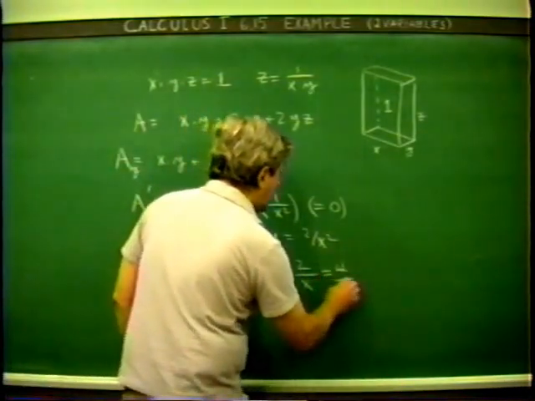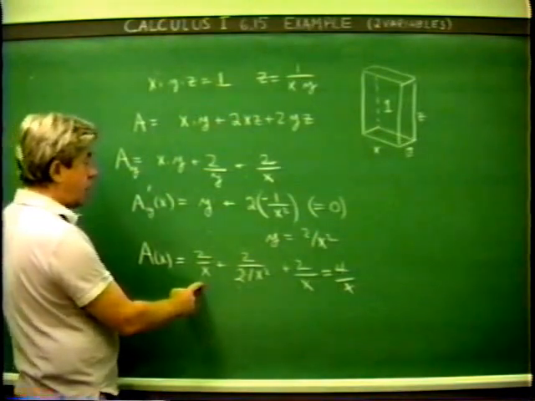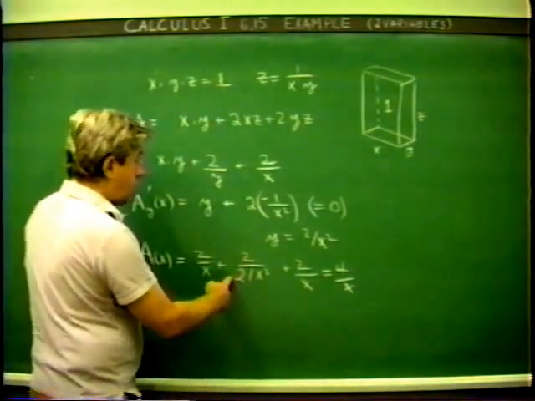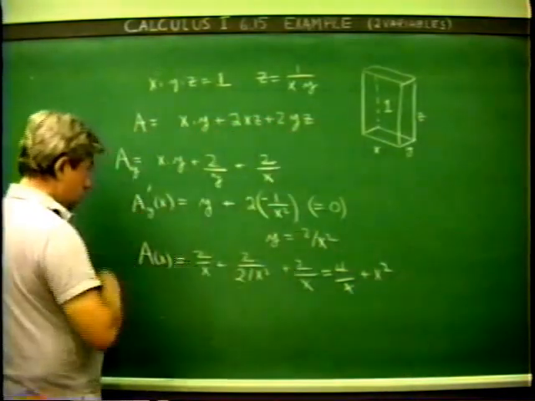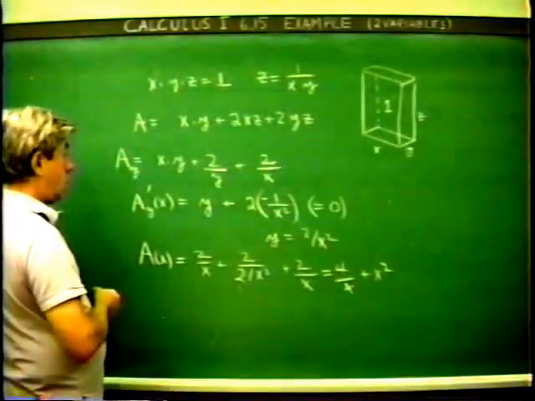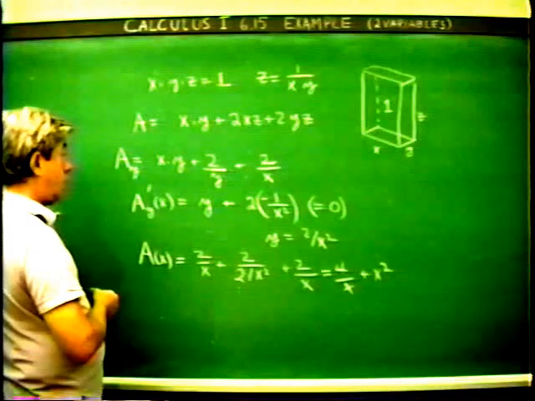Now we want to know when is this minimal? All right, well, this is what? 4 over x from these 2 over x's, and this is plus x squared.